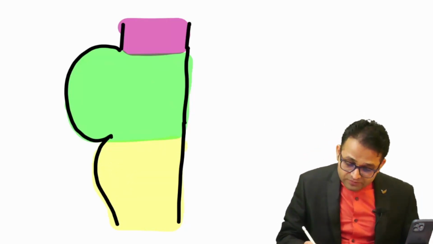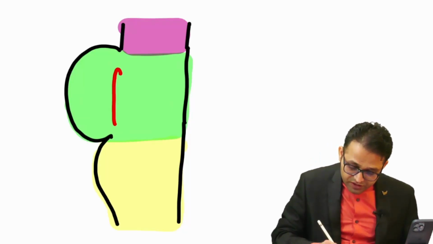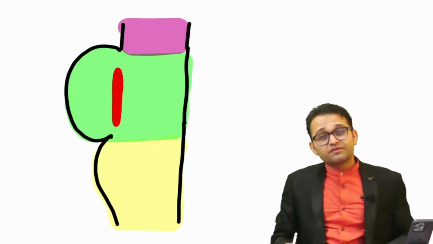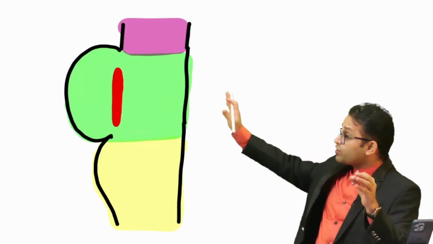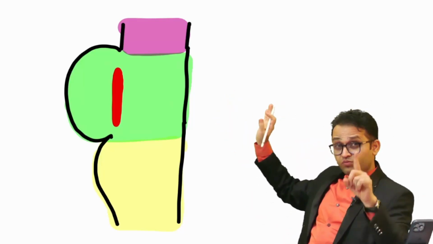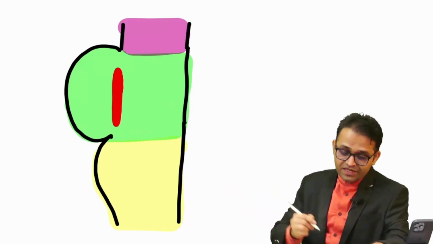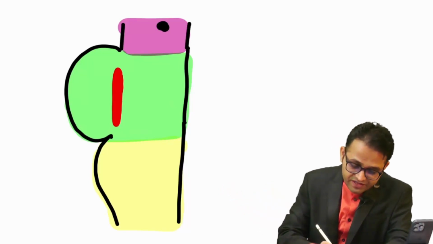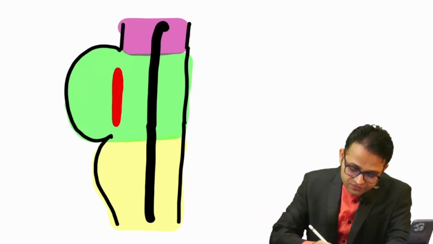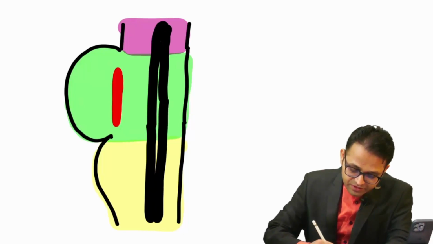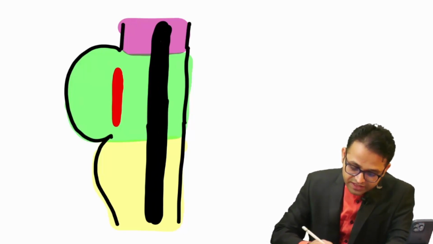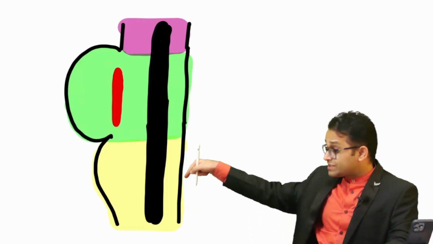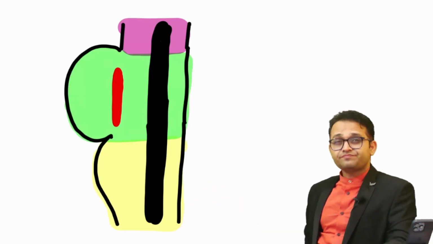It has two types of nucleus. Sorry, motor nucleus is only located in the pons, one motor nucleus, but it has three sensory nuclei, and this sensory nucleus is very big. It is extending between the midbrain, then pons, and then medulla oblongata. It is reaching up to the spinal cord.